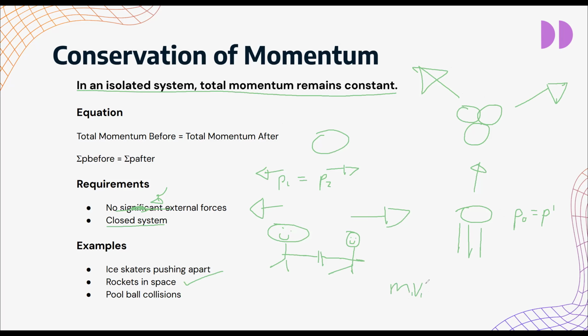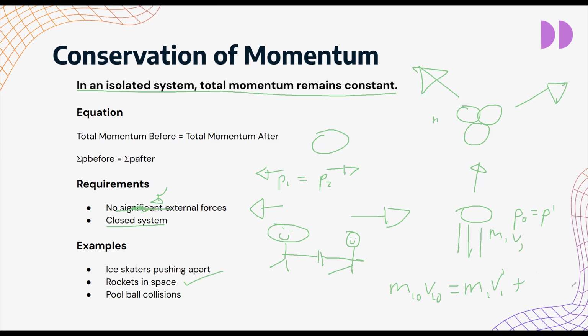So mass one, velocity one. Oops, I have to add the naught: mass one times velocity one naught. Say this ball has a mass of one and a velocity of one initially. That's all the momentum in the system. And after, mass one is going to stay the same, and it's going to have some prime velocity, v prime for mass one, plus all the different masses.